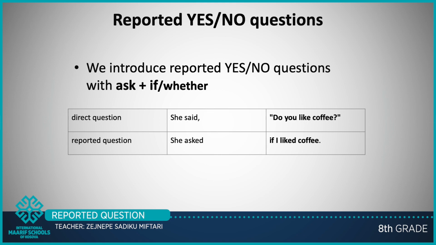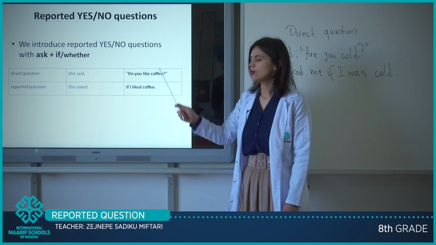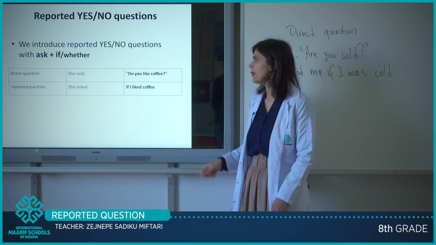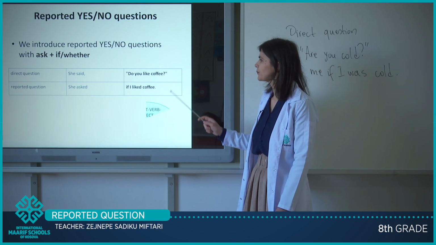If we have the direct question, she said, "Do you like coffee?" The reported question, of course, has to be, she asked if I liked coffee. The verb in this case is "do you like," so it's present, and we have to backshift the tense of the verb, and in this case we use the past simple.